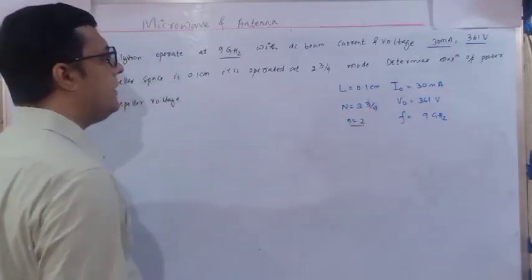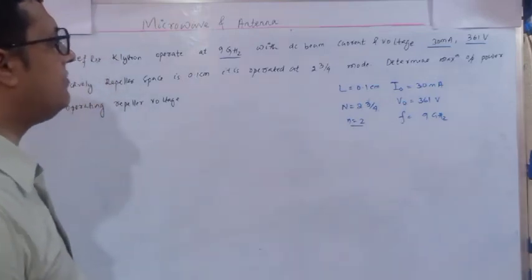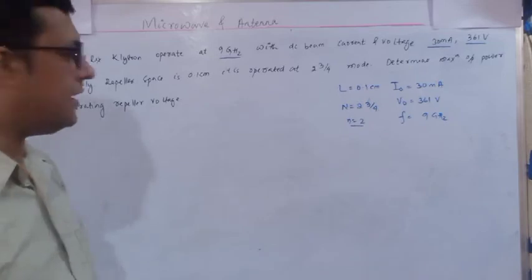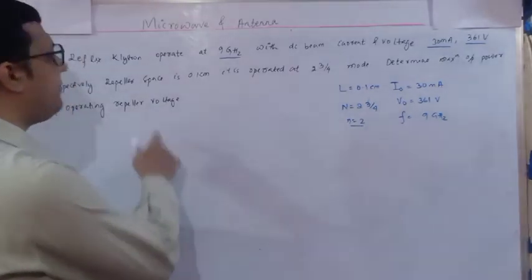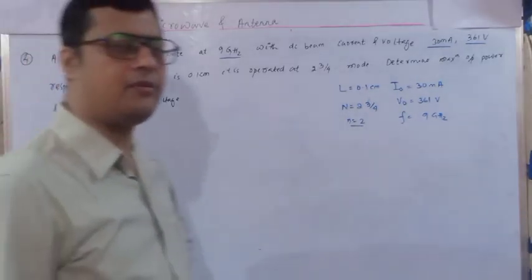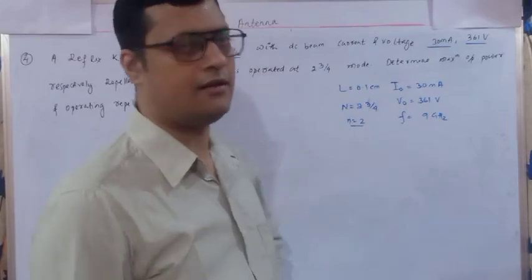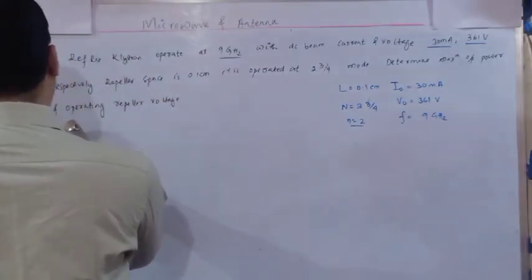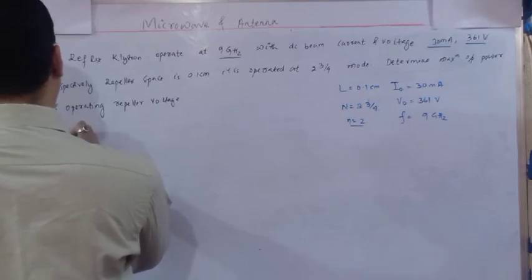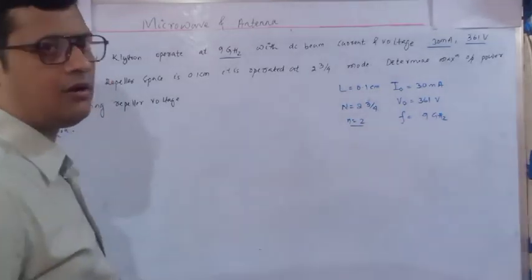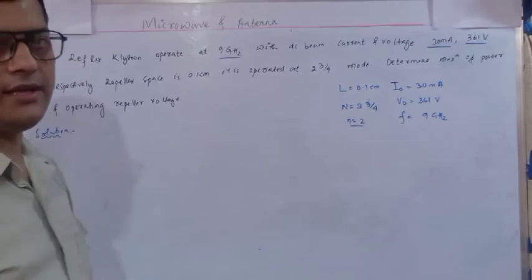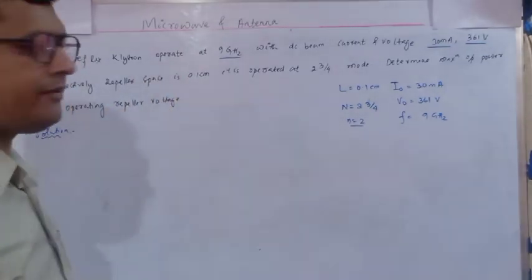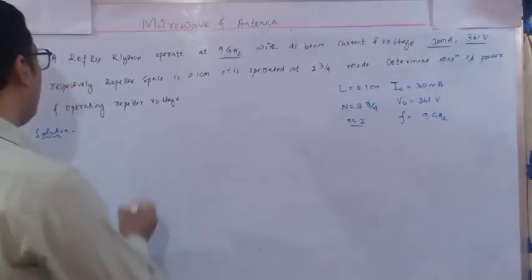Here we are determining the maximum output power, meaning RF power, and the operating repeller potential, meaning you have to calculate VR. Step by step we will solve it and see how to calculate the repeller potential and the maximum output power. So first we determine the repeller potential.